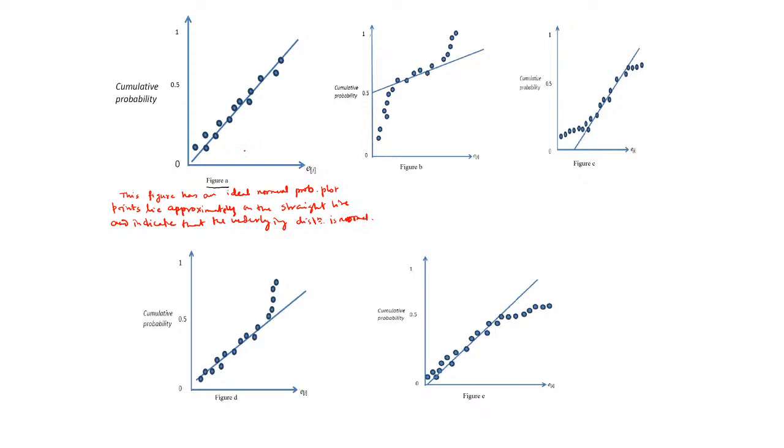So if your plot looks like this, then you can say that your assumption of normality holds. Okay.